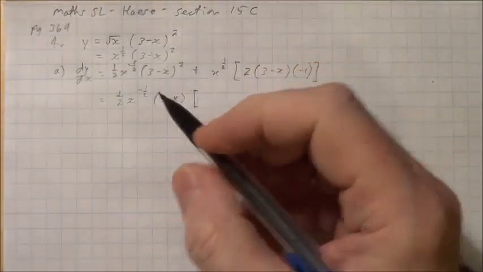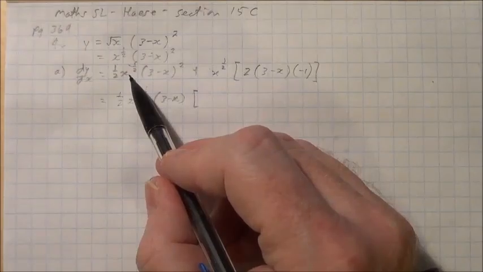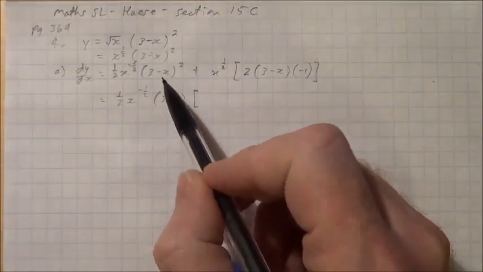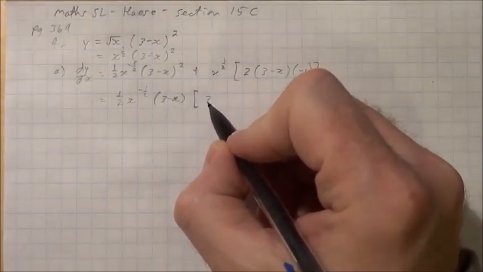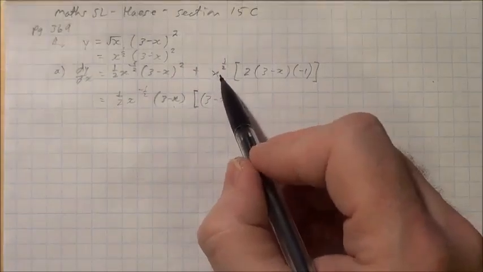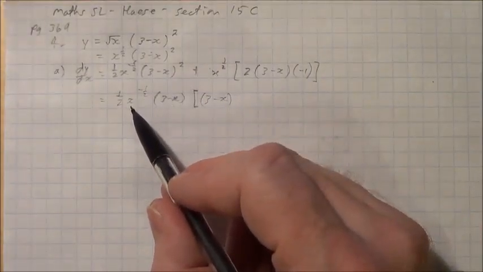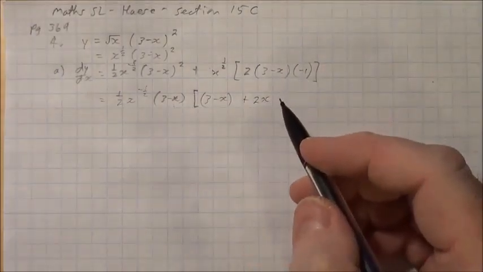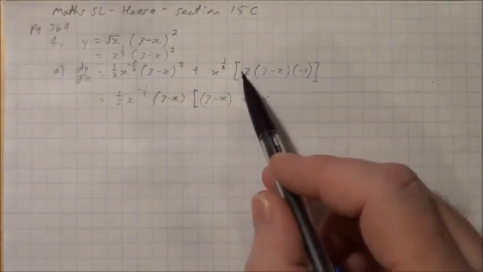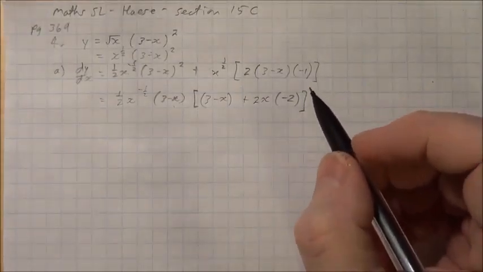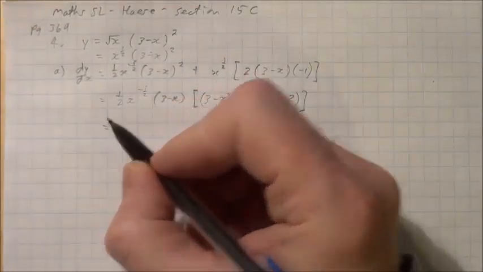What remains from the first term is just 1, and what remains from the second is 3 minus x, and when I divide x to the 1/2 by 1/2 x to the negative 1/2, I get 2x, and then negative 1 times 2 stays, so I multiply that by negative 2.